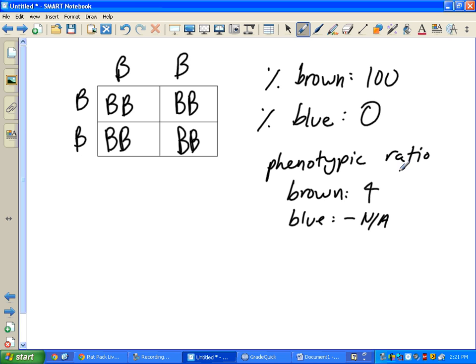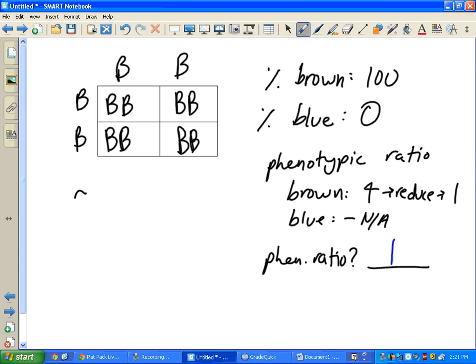So you got to think about 4, and you have to think about reducing 4 by itself, which is kind of weird, but you just need to know that if you have something that ends up all the same like this, the ratio is going to reduce to just 1. So if this question came up and it asks, what's the phenotypic ratio? Your answer would just be 1, and that's it.